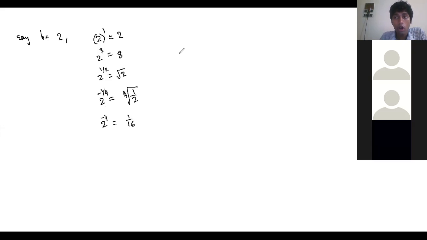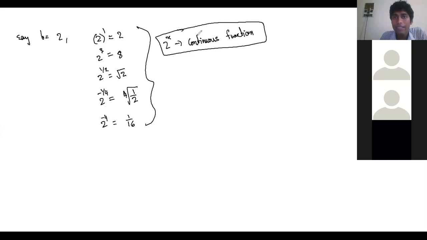See, 2 power x is a continuous function. What is a continuous function? We'll study it in a future class. In 11th class, you'll be taught what a continuous function is. But I'll tell you in a very simple way to understand this. When x is negative, 2 power x is less than 1.